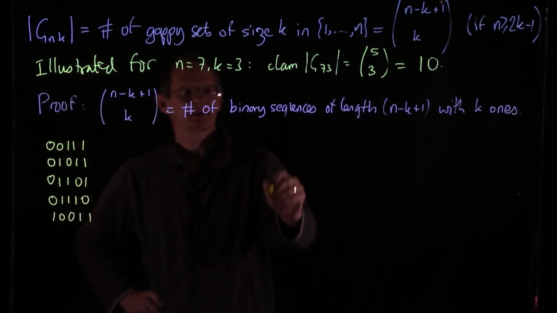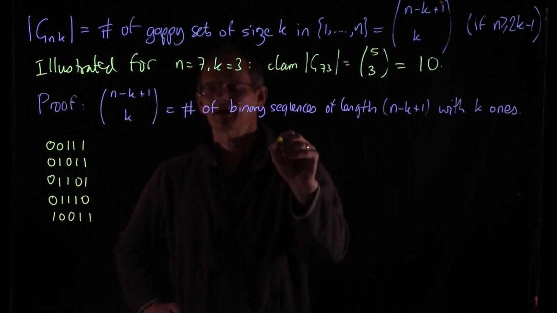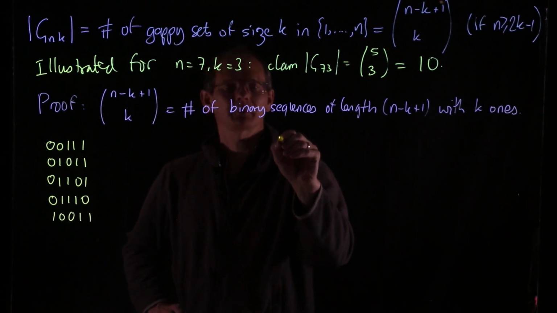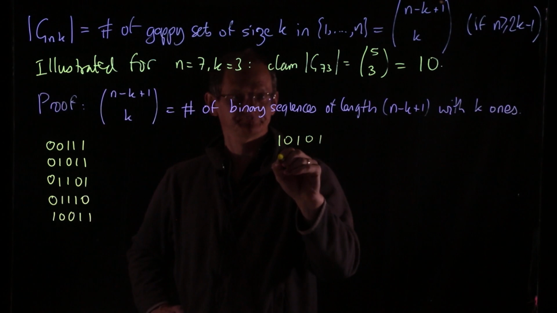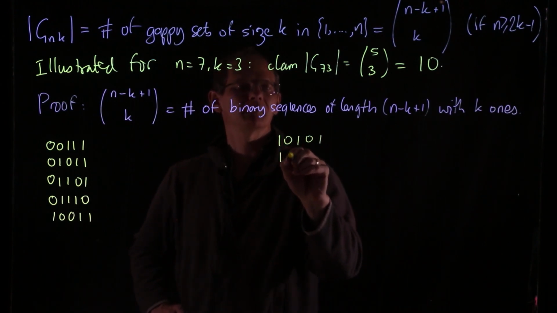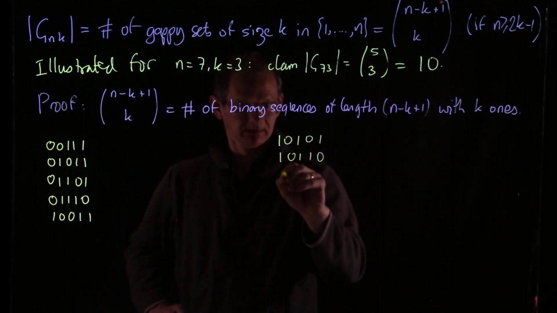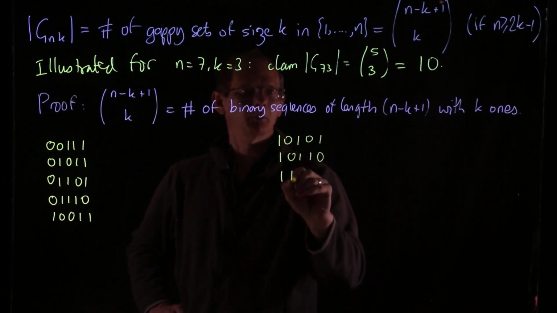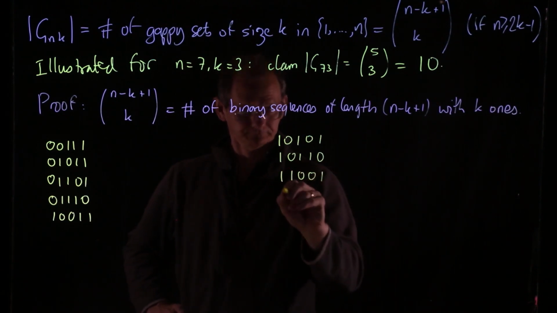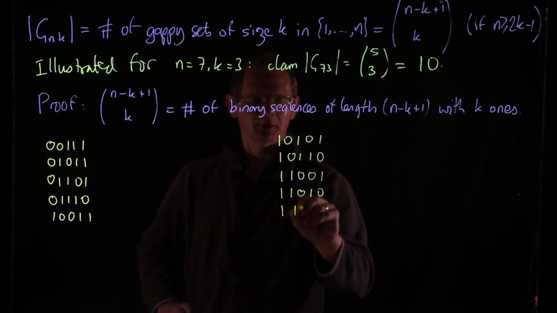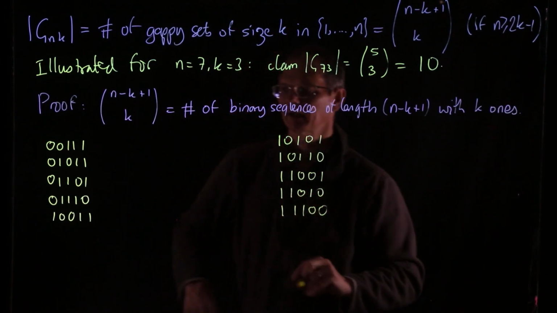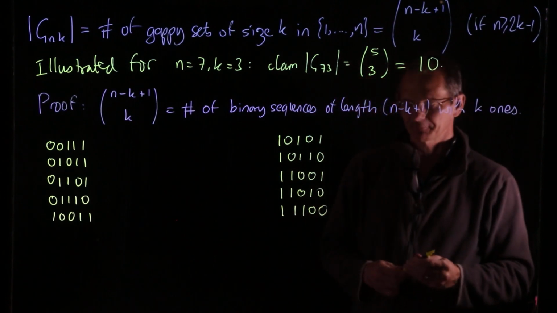Then 0, 1, 0, 1, 1, then 0, 1, 1, 0, 1, then 0, 1, 1, 1, 0, and so on, until 1, 1, 1, 0, 0, which is the last one in dictionary order.